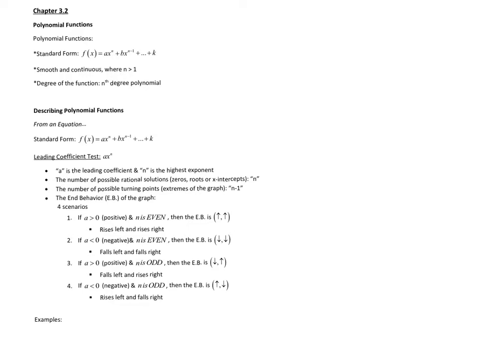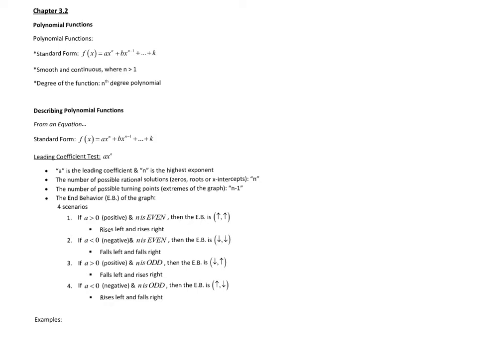Now, that highest degree helps us describe the polynomial, okay? So when we describe a polynomial, I'm going to look at describing it from an equation and from a graph. When I look at an equation, there's actually two forms of the equation. There's what we call the standard form of the equation, and then there's a factored form of the equation.